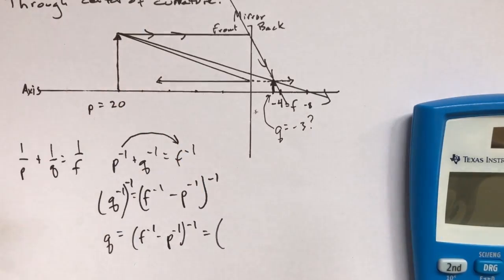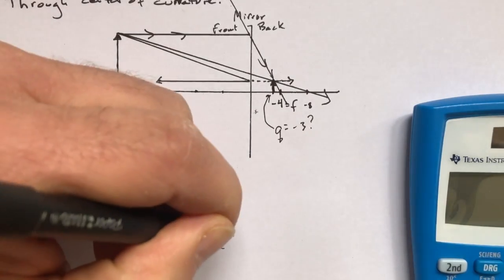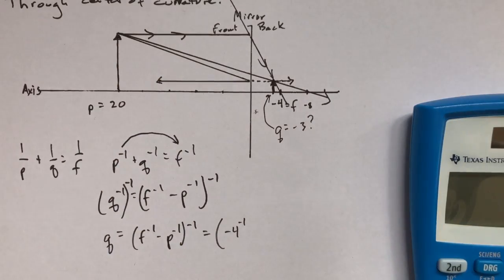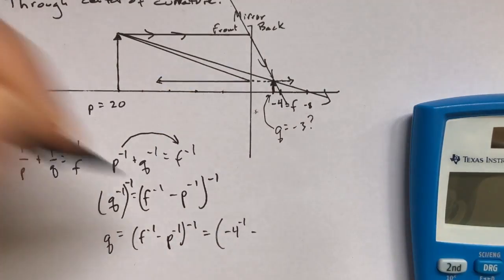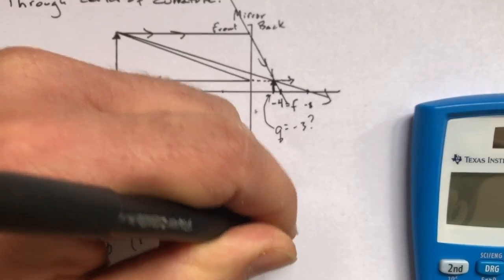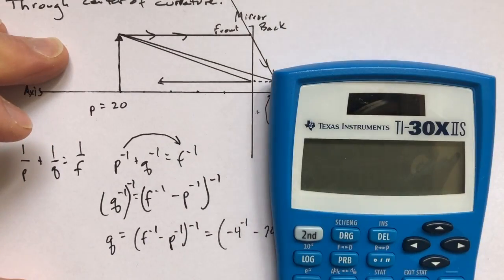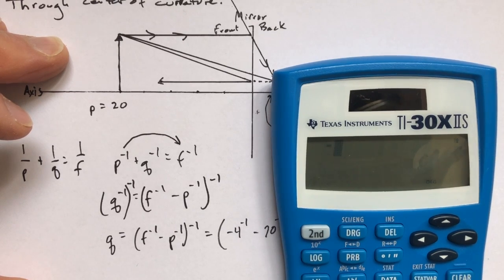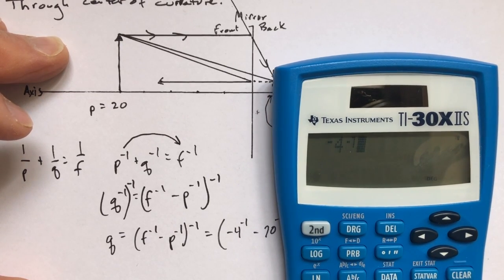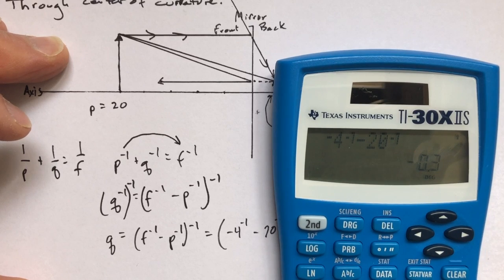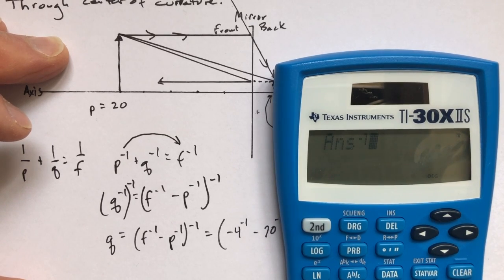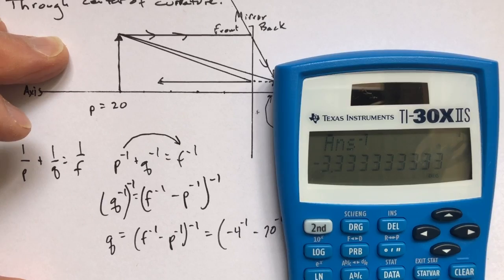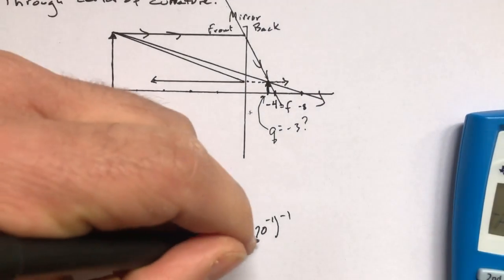And now I can just substitute some numbers in. F was -4, so -4 to the minus 1, minus P, which was 20, to the minus 1, all to the minus 1. So let's type that in here. So I go -4, and then I hit the x to the minus 1 button, minus 20, I hit the x to the minus 1 button, equals, and then I hit the x to the minus 1 button on that sum, and I get -3.33.